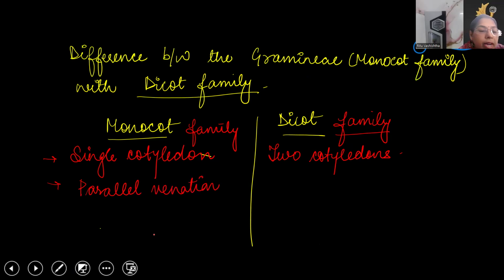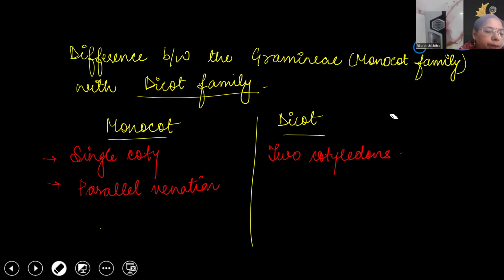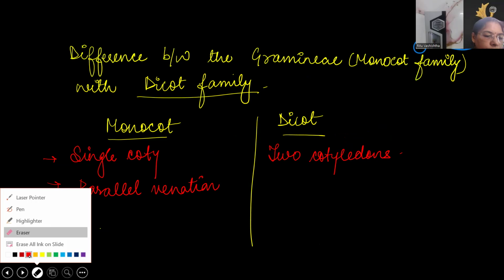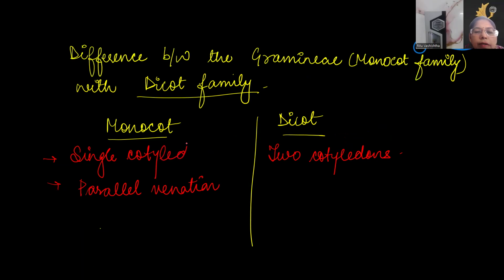Whereas in dicot family, there is presence of reticulate venation.